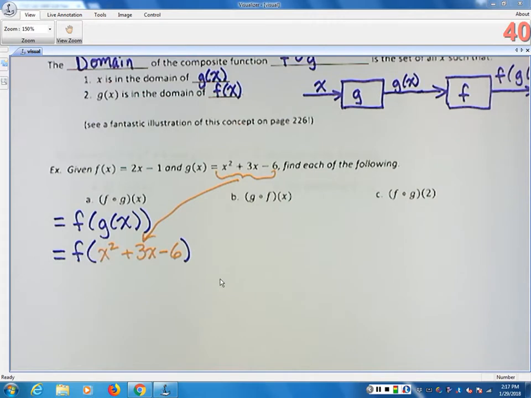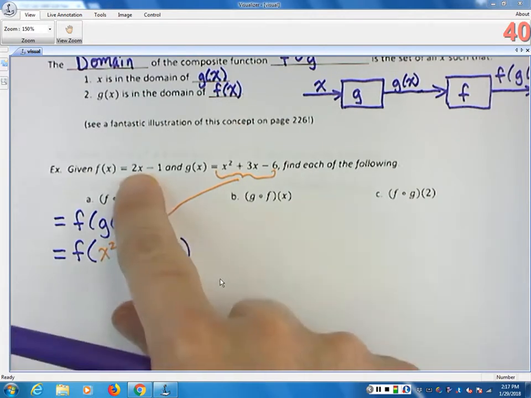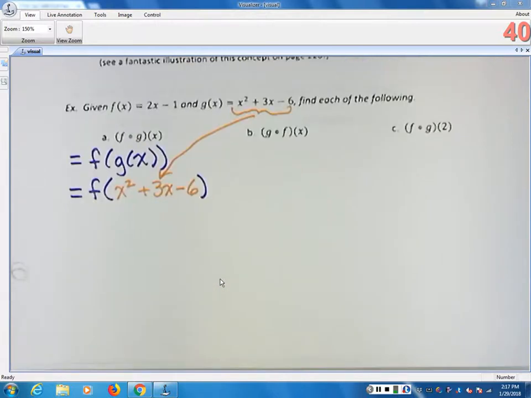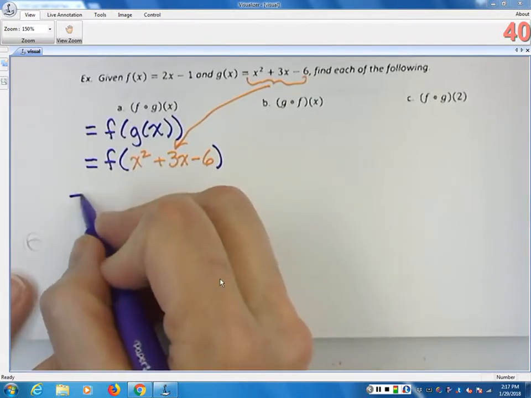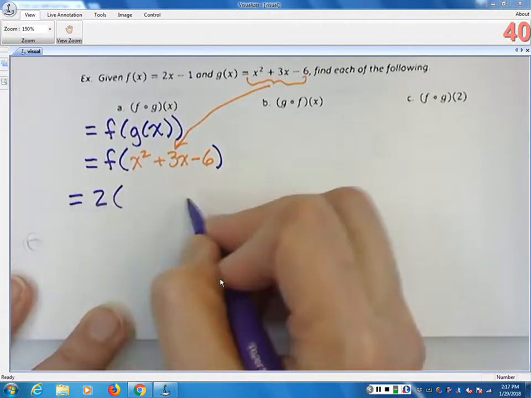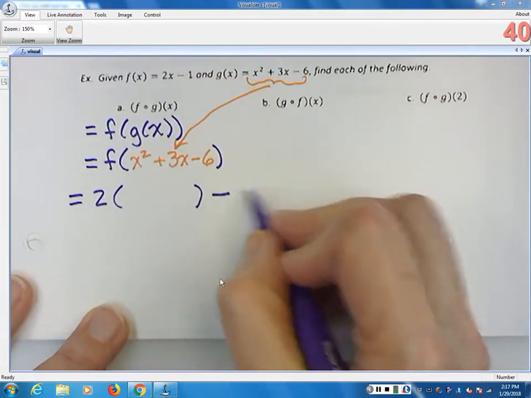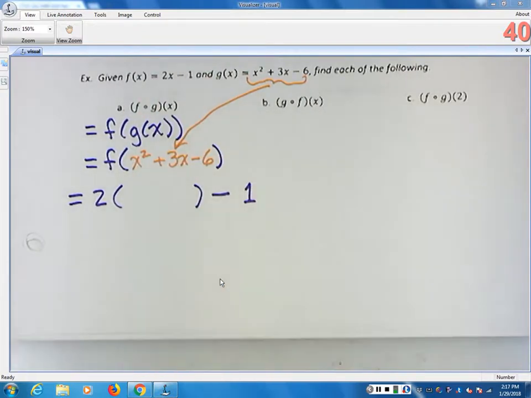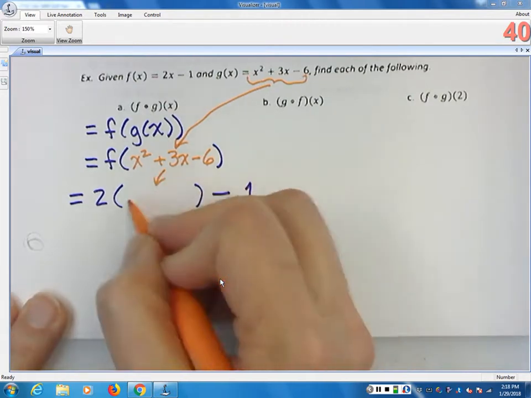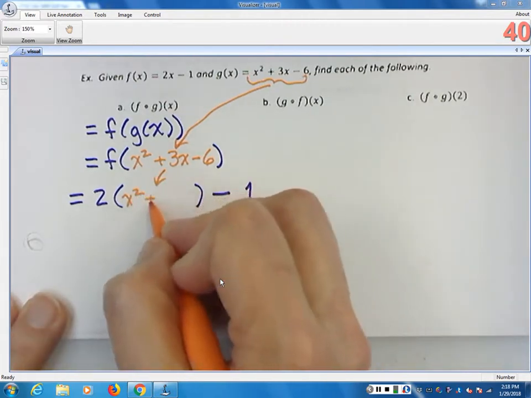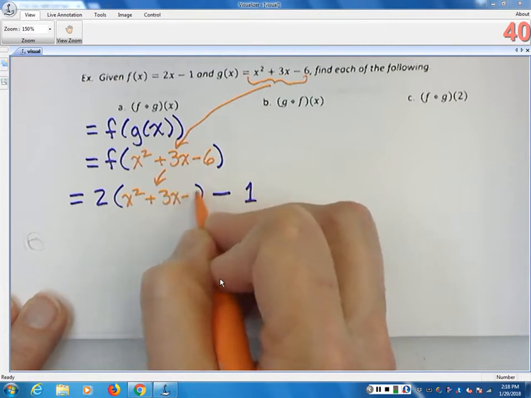Okay, well what does that mean? f of all of this means everywhere you have an x in f of x. So you're going to rewrite it and leave space for that whole thing. This is my x. It's 2x minus 1. So this is the only place I had an x. We're going to replace it with x squared plus 3x minus 6.